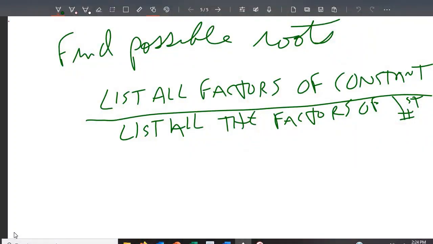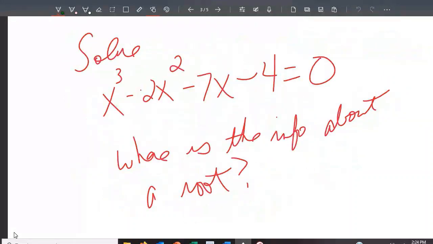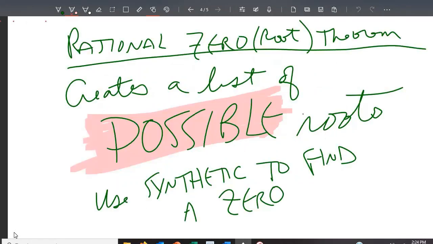Now, what was this example I had over here? Alright, so I want to take this one. Now it's a 4. This is going to be a fairly simple one. I want to find the possible roots for that previous example, so we're going to create a fraction. When you're listing the factors, you must put a plus or minus in front of each factor.